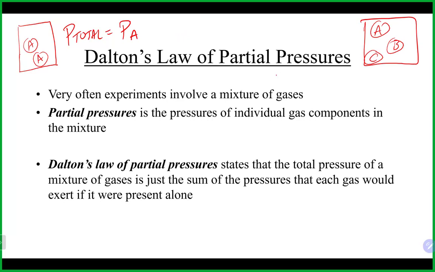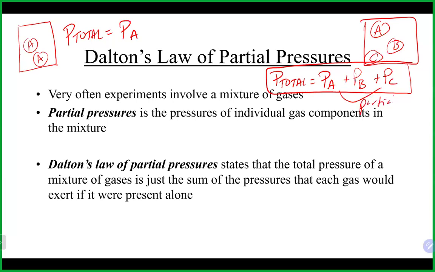When I look at the total pressure of this mixture of gases, it is a result of the partial pressure of A plus the partial pressure of B and the partial pressure of C. These are what are referred to as partial pressures because they contribute to the overall pressure when you add them together. Now, how do you get to the partial pressure? Probably in most cases, it's going to be a PV = nRT situation.